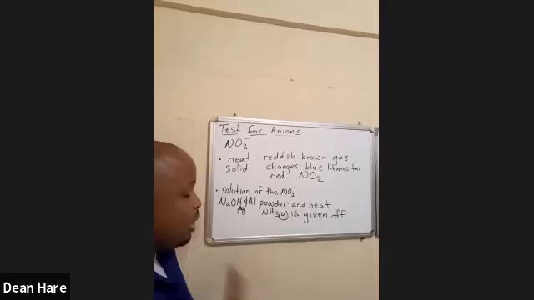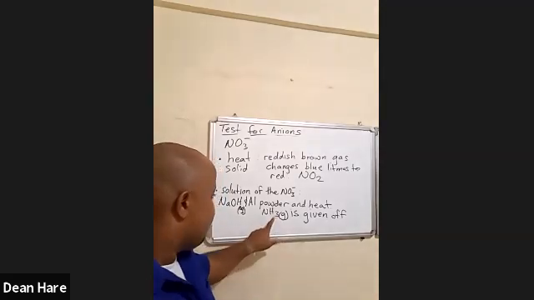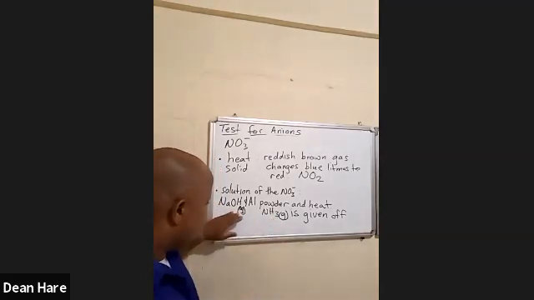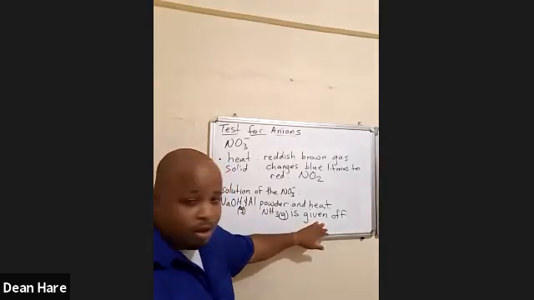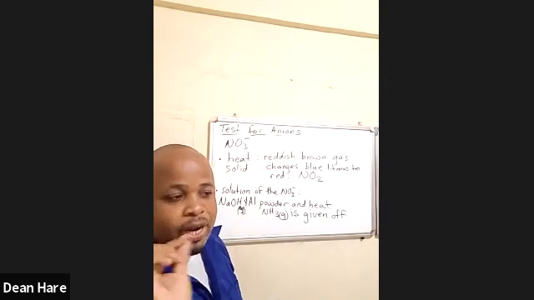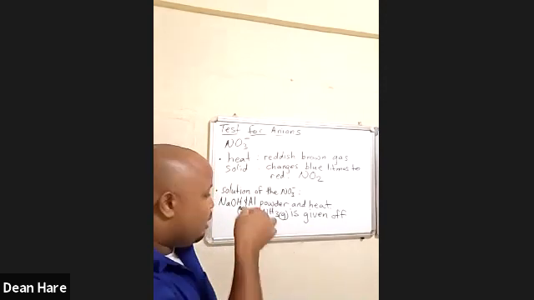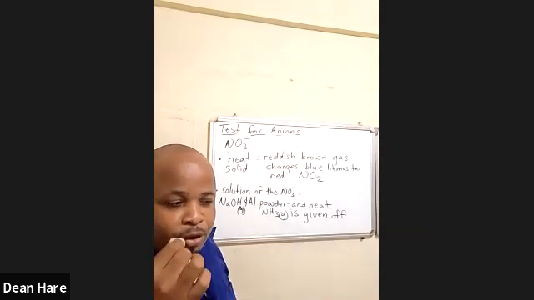Red to blue, because it is basic. So when you use the sodium hydroxide and the aluminum powder, ammonia gas is going to be given off. And you would place a piece of damp red litmus paper at the mouth of the container, so the fumes would change it from red to blue.